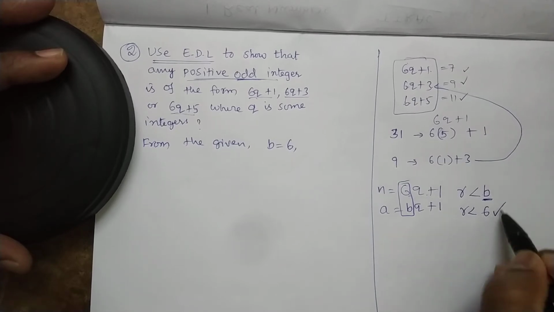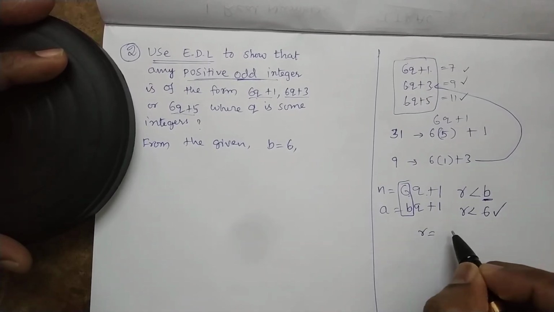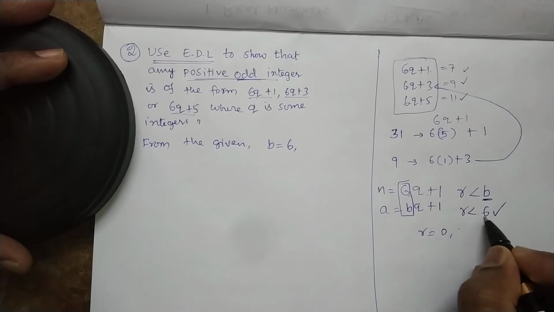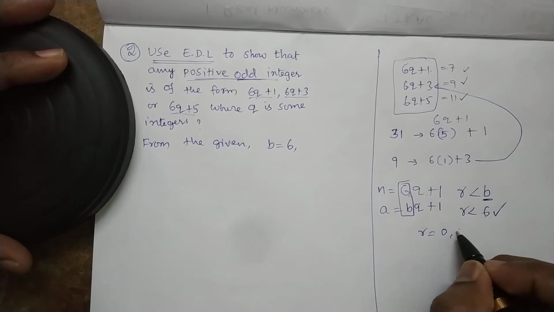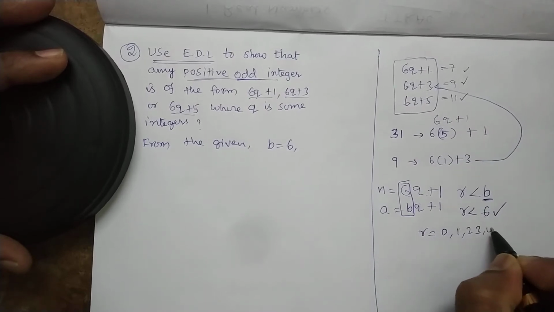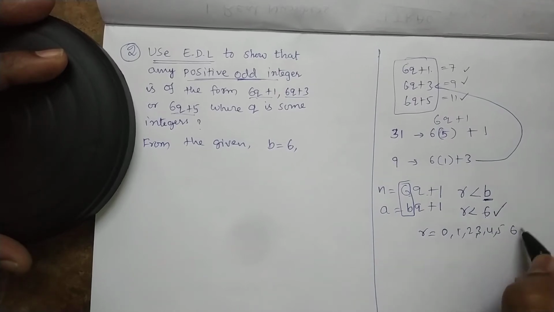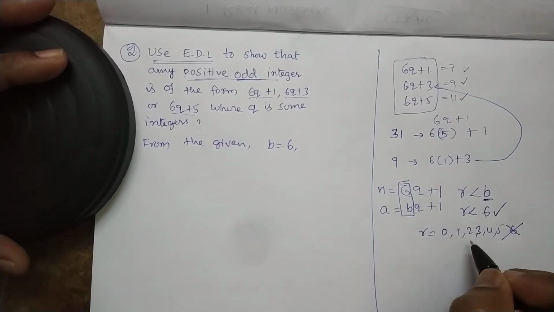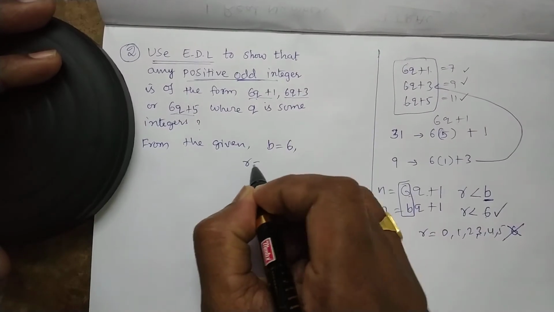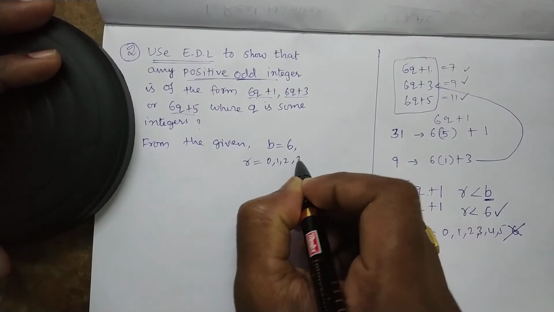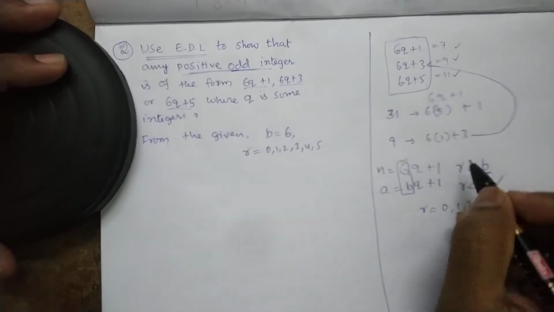Here 6 is the divisor, so r is less than 6, not less than 0. So r values are 0, 1, 2, 3, 4, 5. Strike out 6, because r is less than 6. So the remainders will be 0, 1, 2, 3, 4, 5. That's it.